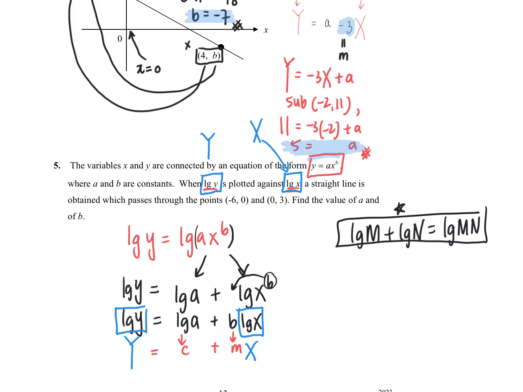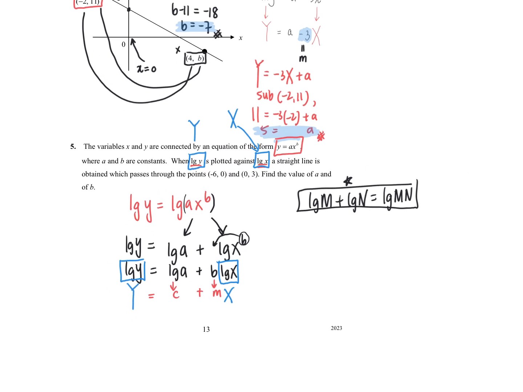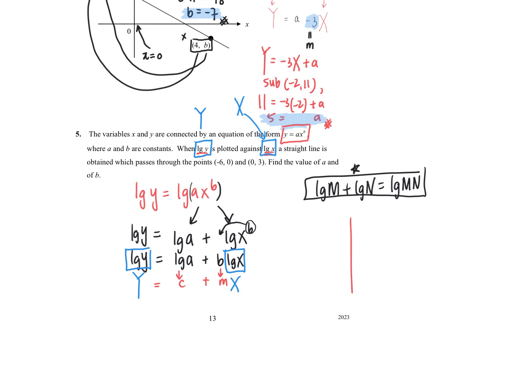So there are questions that don't sketch for you. When they don't sketch for you, it's okay. You will still be able to visualize. But if you need a sketch, you can also sketch it out. So 0, -6 is here. 0, 3 is here.